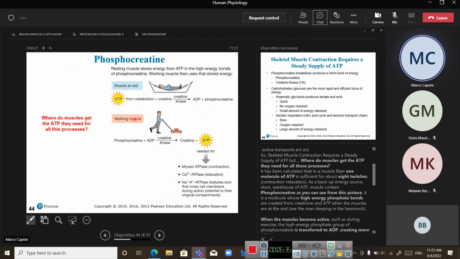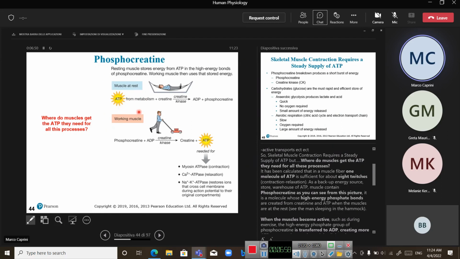So when you are in the gym and you are doing exercise, you spend 1 molecule of ATP for about 8 twitches. So you need a lot of ATP in order to do a lot of exercise.